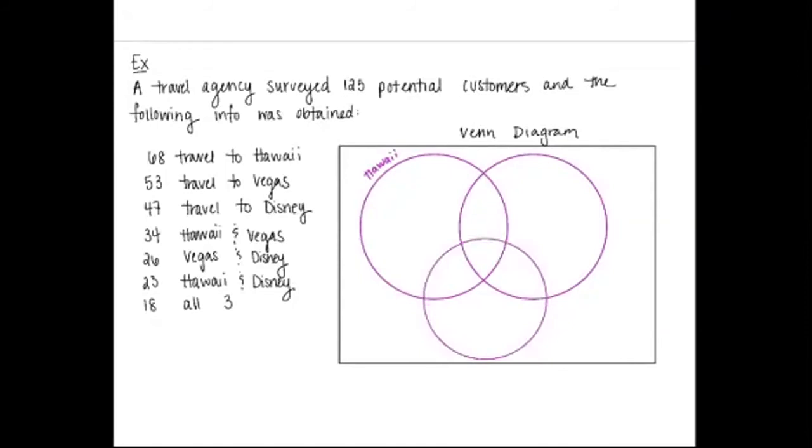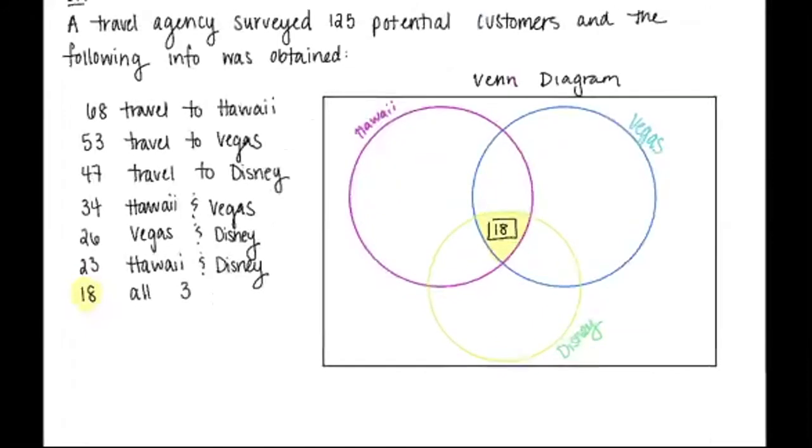So here will be our Hawaii, our Vegas, and our Disney. So always start right in the middle. 18 will do all three. And I'm going to even go ahead and box it so this way you can kind of clearly tell what the number is going to be.